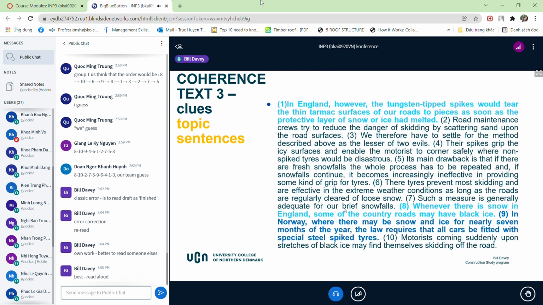And when we look at these blue sentences, we can see that they contain an idea. And that means that they are topic sentences. That means that they are the first sentences in paragraphs. So what we had in our big text was actually 3 paragraphs.